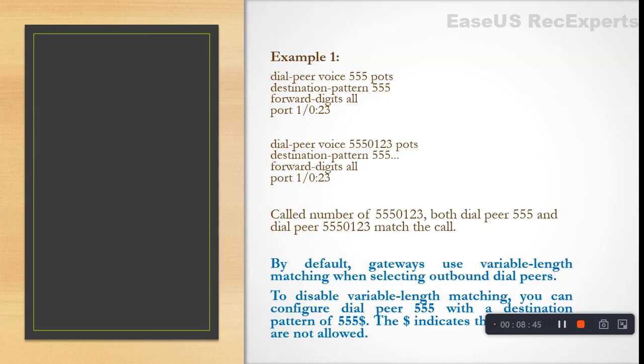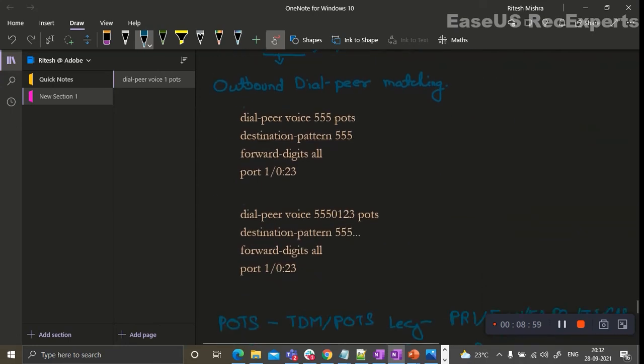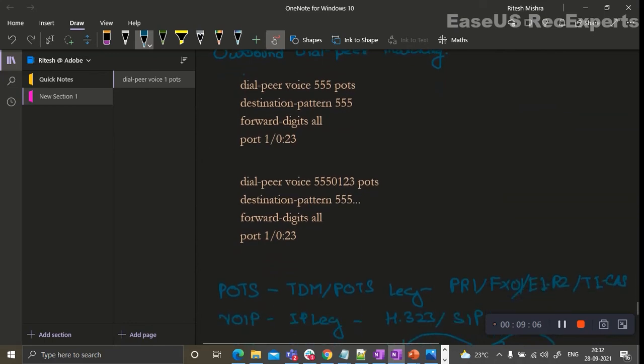These are the two dial peers in the example in my PPT. Here my called number is 555012.